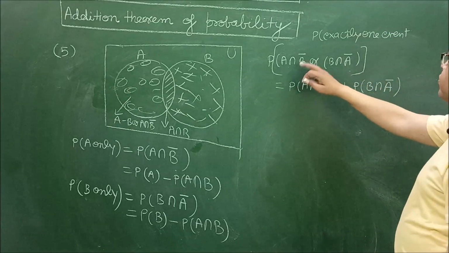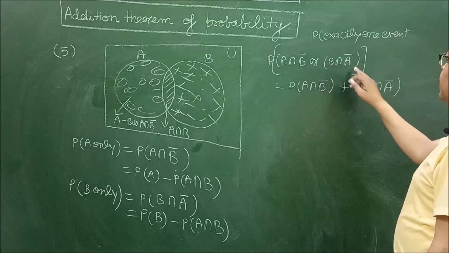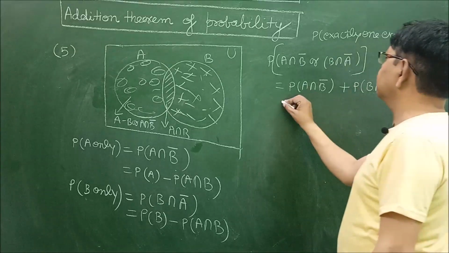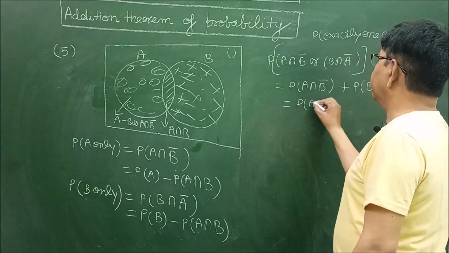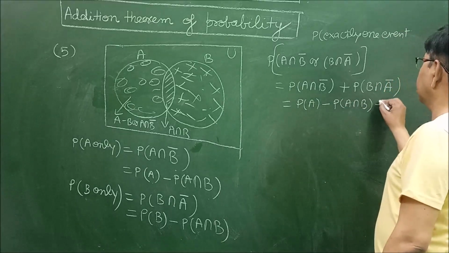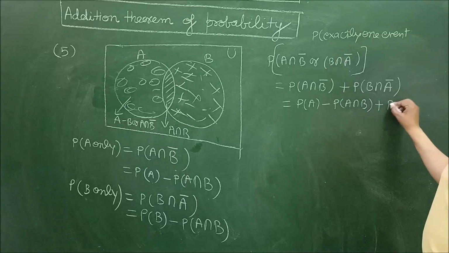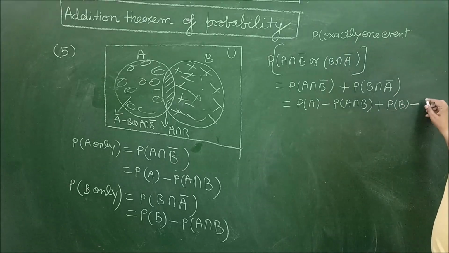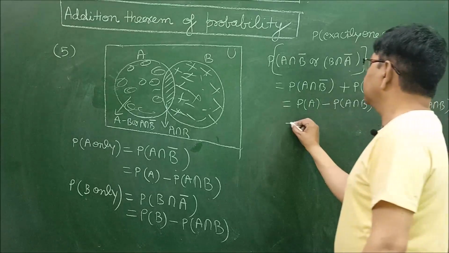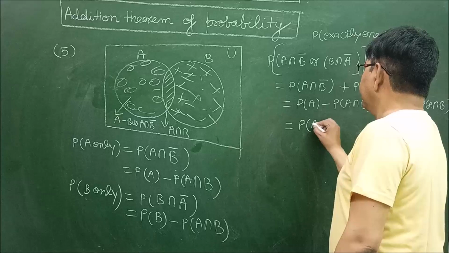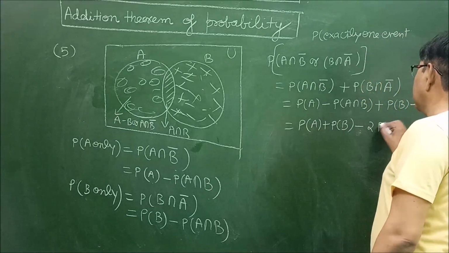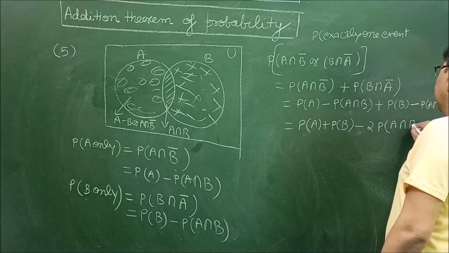That is, A happens and B does not happen, or B happens and A does not happen. In that case, this is equal to probability of A minus probability of A intersection B plus probability of B minus probability of A intersection B, that is probability of A plus probability of B minus twice probability of A intersection B.